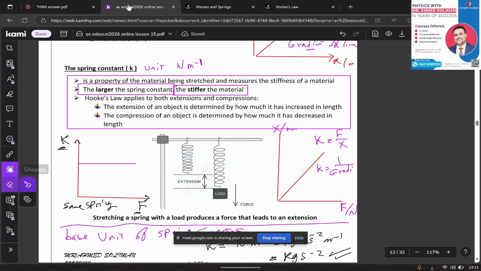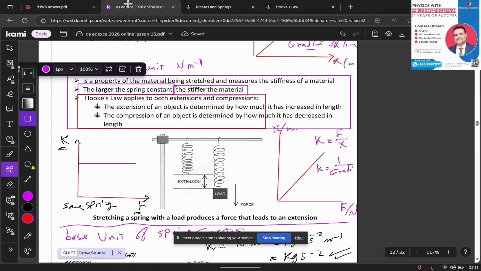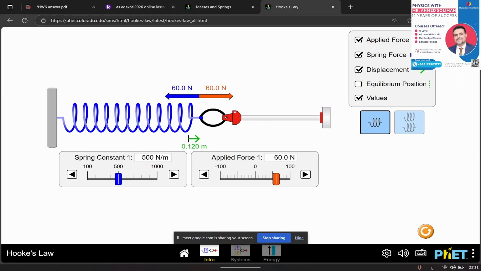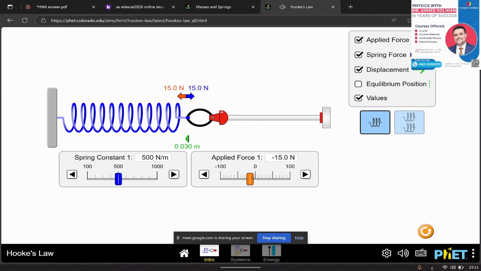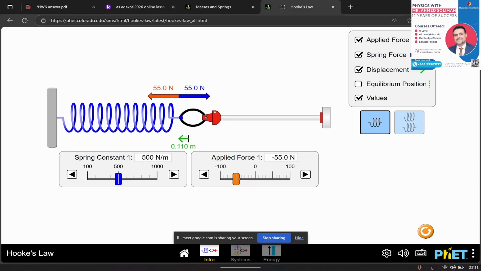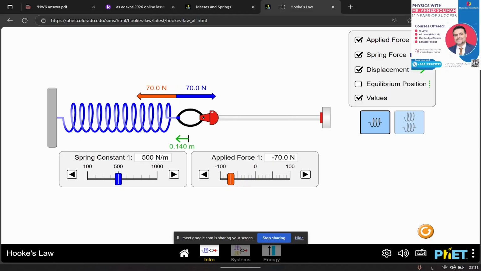So now we understand Hooke's law applies to both extension and compression. What about compression? Now we can compress the spring like this. As you see, the blue arrow explains the direction of the force from the spring.